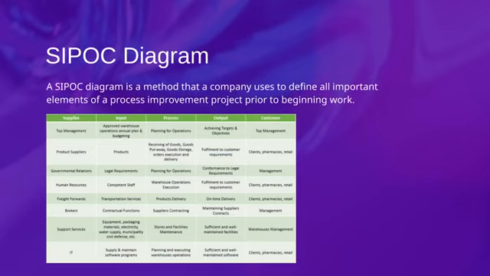So the SIPOC diagram, of course, is a method that a company uses to define all important elements before beginning the work. So we define the business method of working. We identify suppliers, input, process, output, and customers.